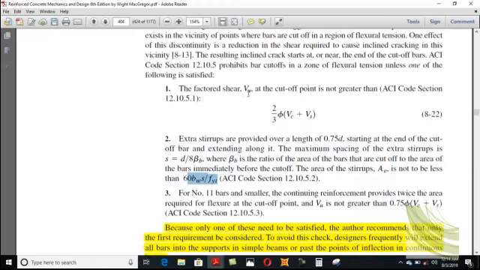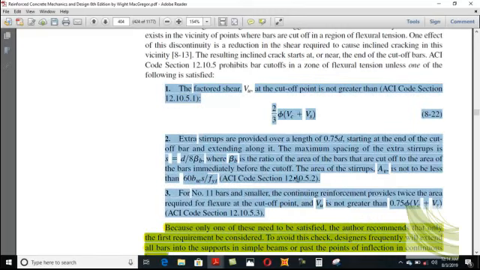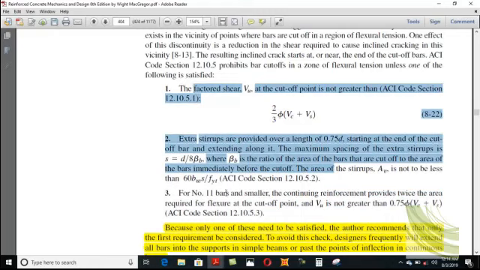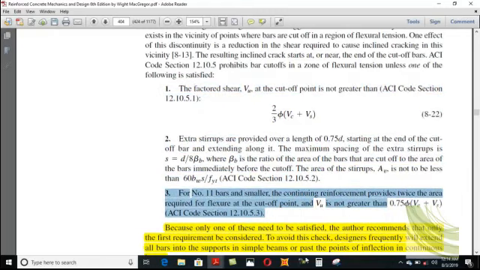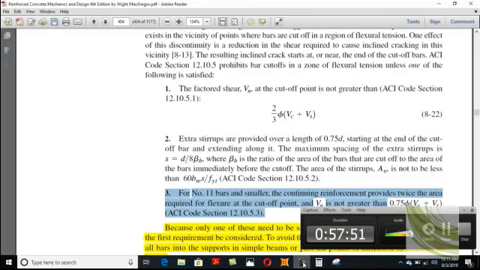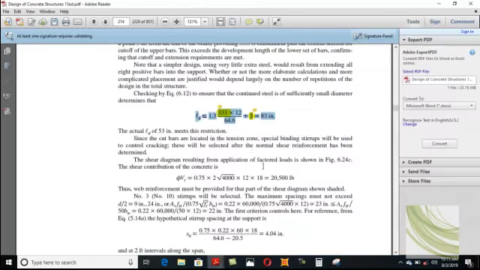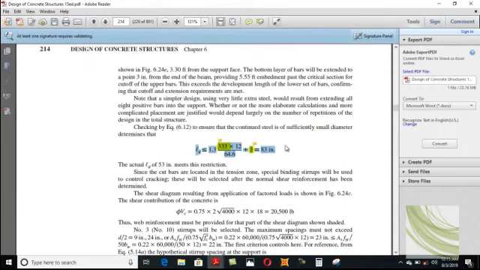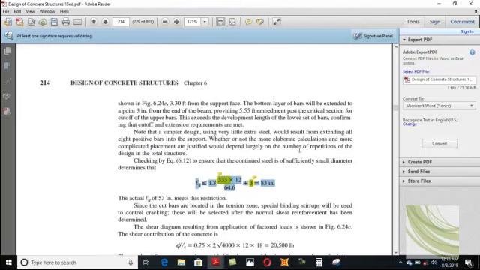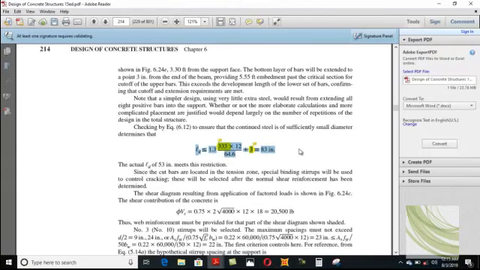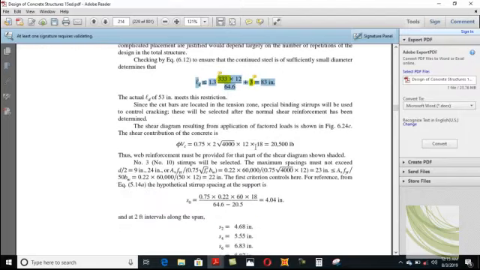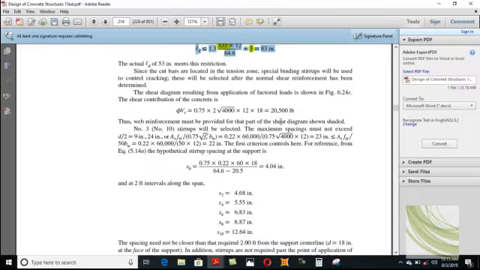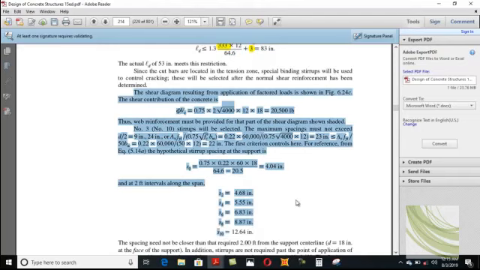So you need to use only one criteria; one criteria must be fulfilled. Basically they use these two criteria and ignore the other. Let's see. First of all, it should be noted that whenever you are cutting your bars in a tension zone, not the negative steel area, this calculation is only carried out for positive reinforcement, not for negative reinforcement.